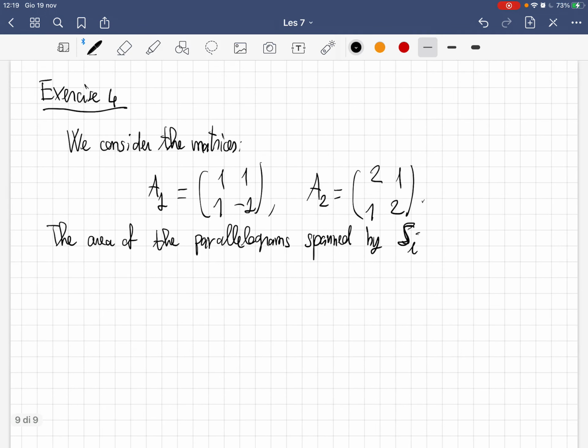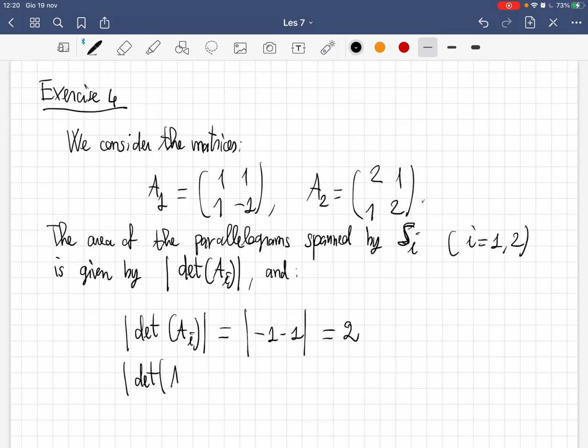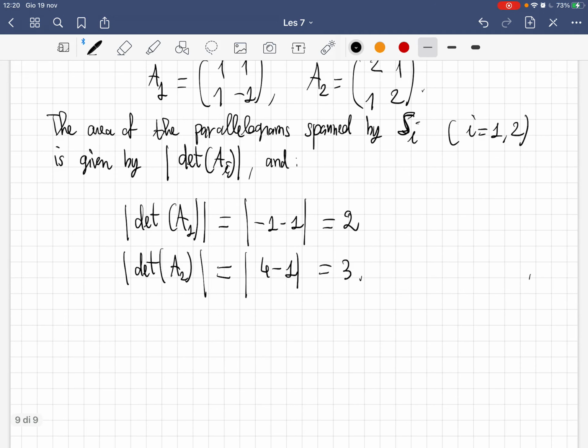You have names here, S1, S2, so the expansion along E equal 1 or 2 is given by, namely, and, sorry, this is A1. Sorry. 4 minus 1, 3. This is it.